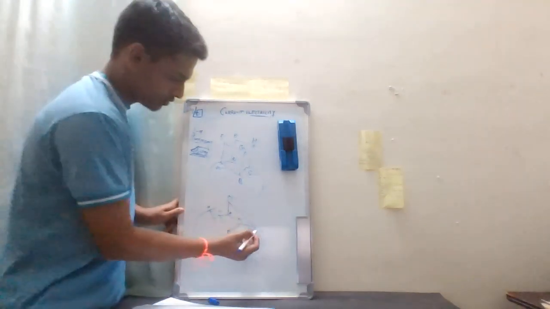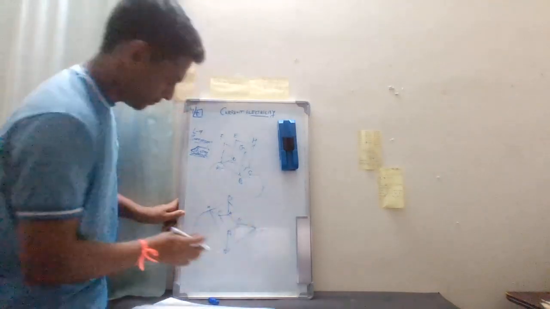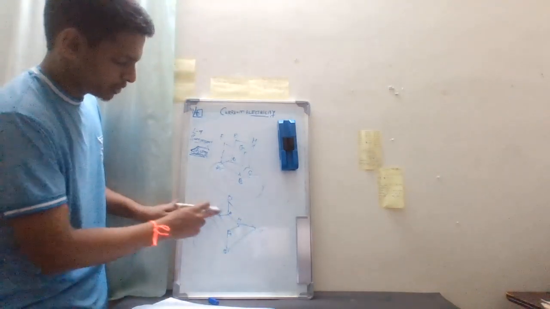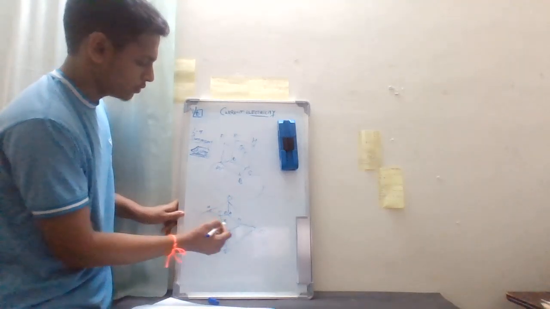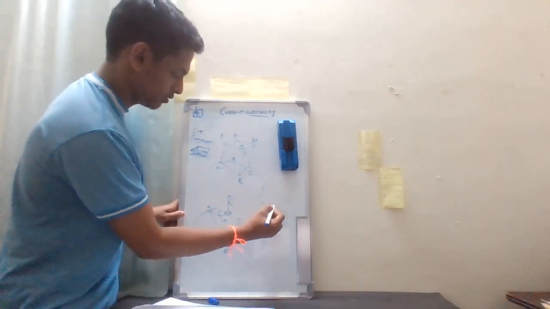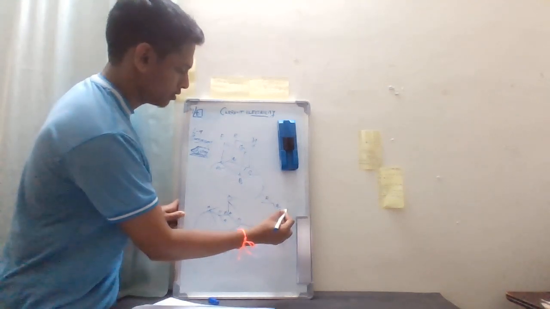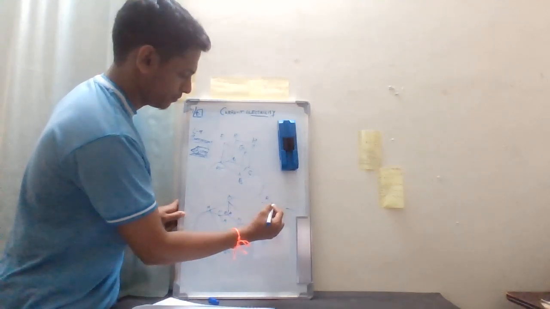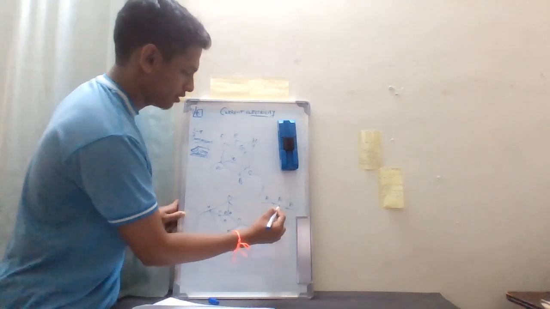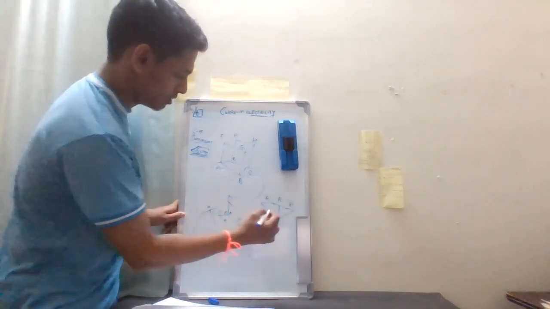Now with symmetry, we can just flip it over. These are all R, and with symmetry, this would be R by 2. This is R by 2. This is R by 2. This is R by 2. R, we can say R. And this would be R by 2, R by 2.